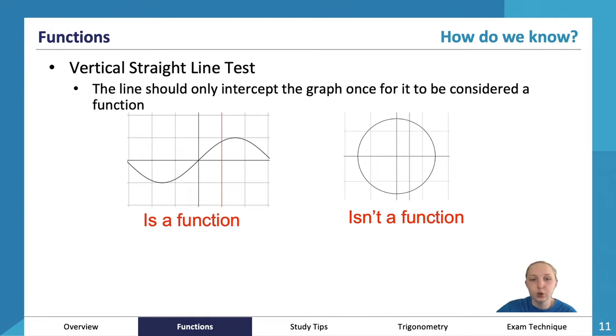So we do something called the vertical straight line test to test whether something is a function or whether it is a relation. Okay, something else that comes up sometimes in exams, sorry, I just remembered this, is that all functions are relations, but not all relations are functions.